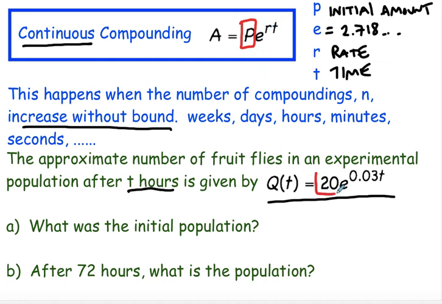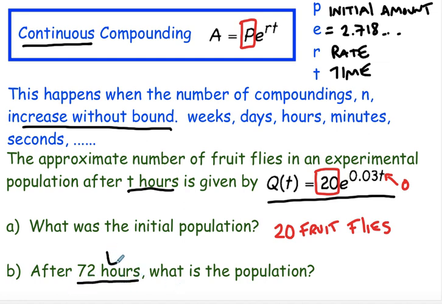So our initial population is 20 fruit flies. Another way you could have figured this out would be if you had plugged in a 0 for t, then e to the 0 is 1, and 1 times 20 is 20.